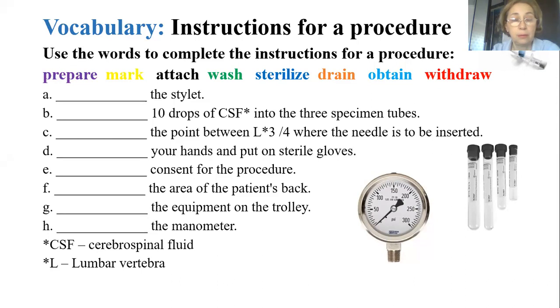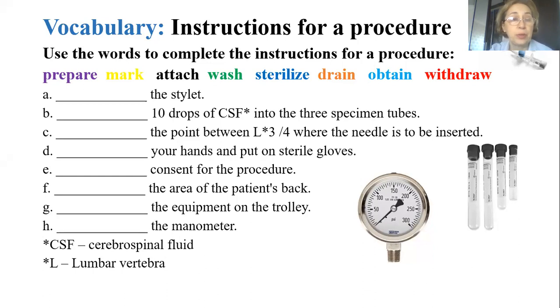I'm not sure, but I think it's withdraw. So withdraw the stylet. Okay, stylet here is a catheter or tube, which is used for some kind of liquid. So you think it's withdraw the stylet. So you start with withdrawing. No, sterilize. Yes? Sterilize the stylet is also possible.